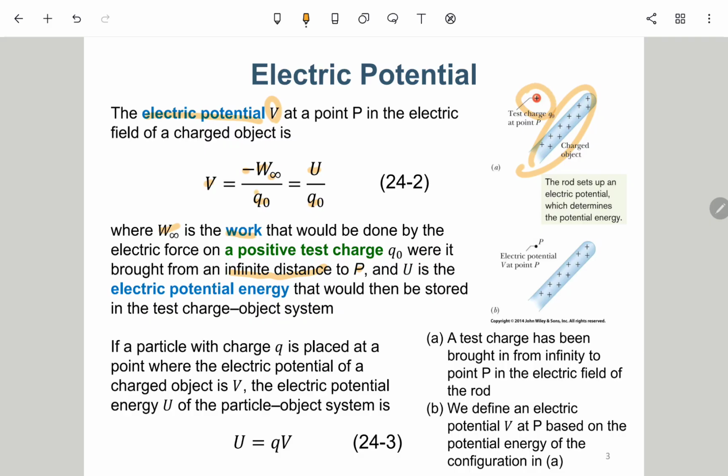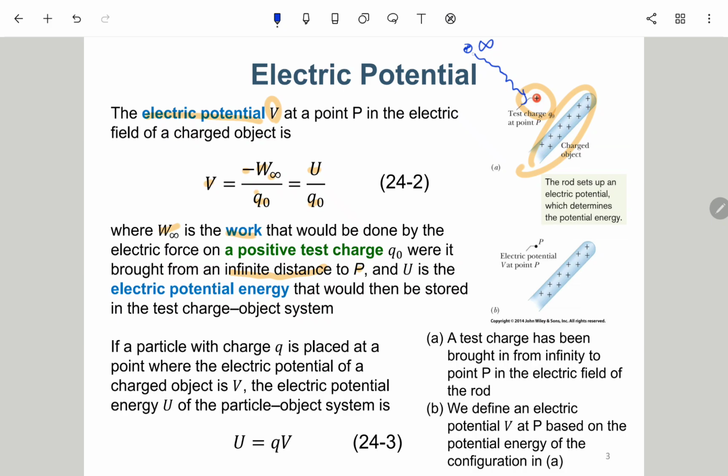Here we have a test charge starting from infinitely far away, and we try to put it close to this object. Starting from infinitely far away, we put it here, not necessarily going in a straight line; it can go through any path.